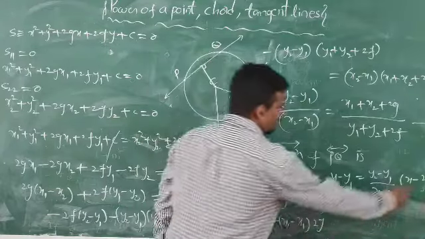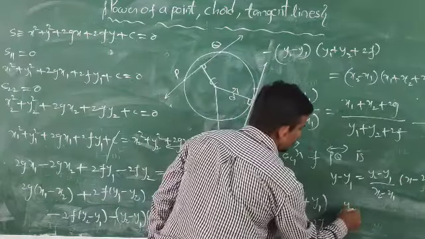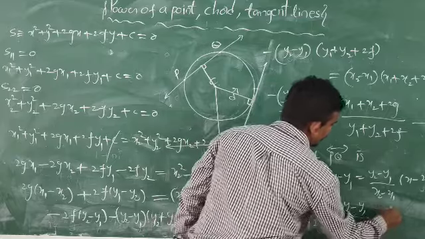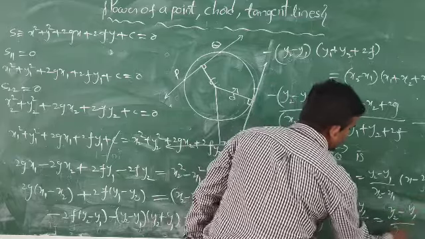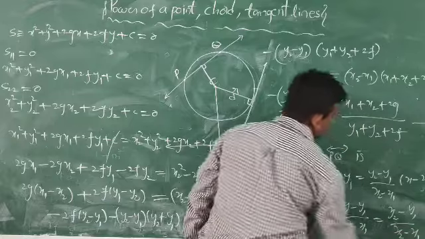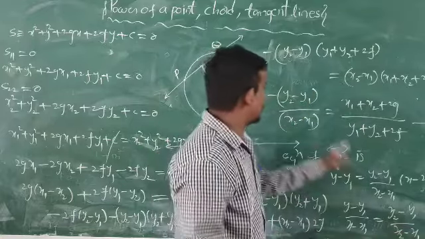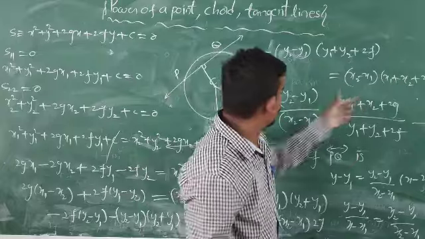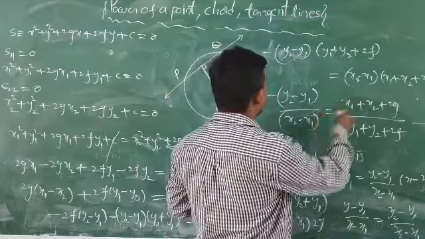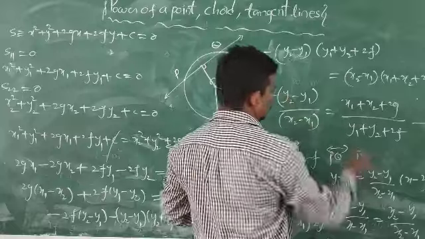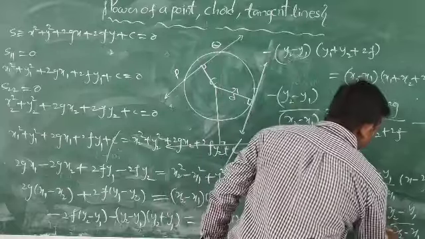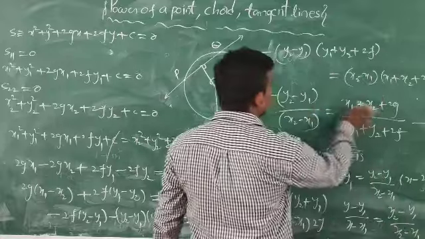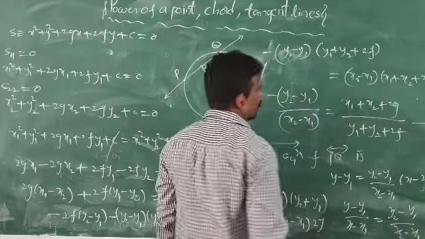Okay, from it bring this one: y minus y1 by x minus x1 equal to y2 minus y1 by x2 minus x1. In this equation we have y2 minus y1 by x2 minus x1 is minus of, if you multiply both sides with minus we get only this one. So replace this y2 minus y1 by x2 minus x1 by minus of this expression.